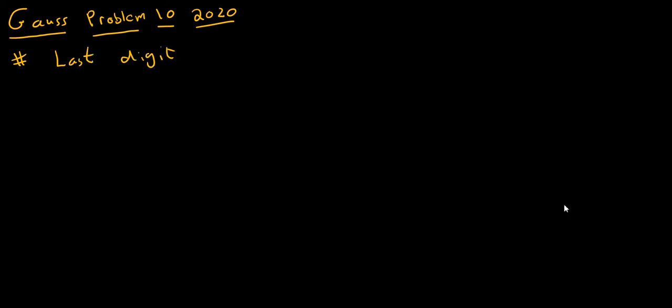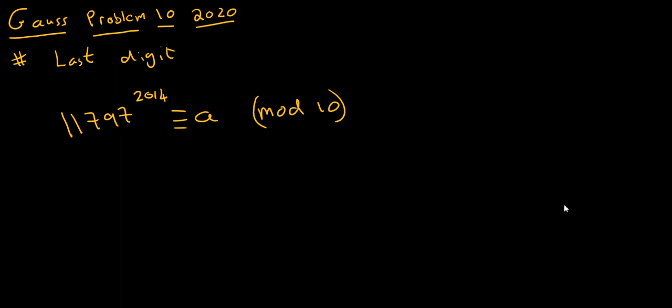So find the last digit of 11797 to the power of, let's try, 2014. Okay, so we need to find what this is equal to mod 10. So we need to find the remainder when divided by 10.